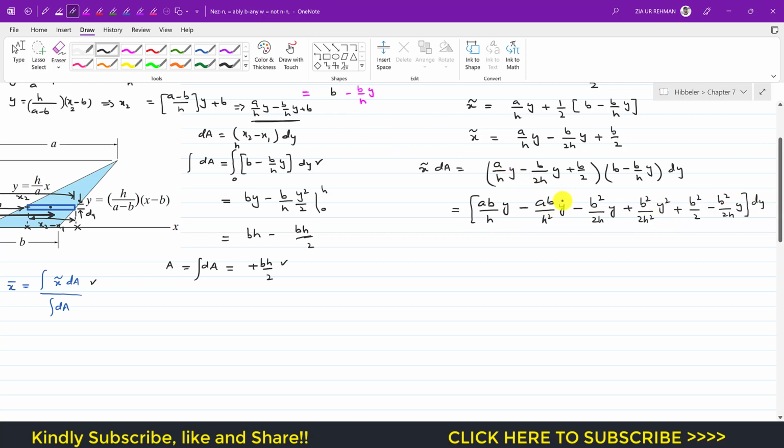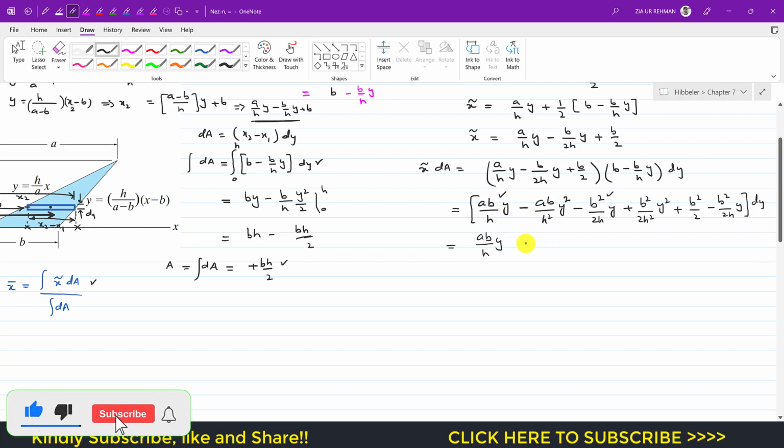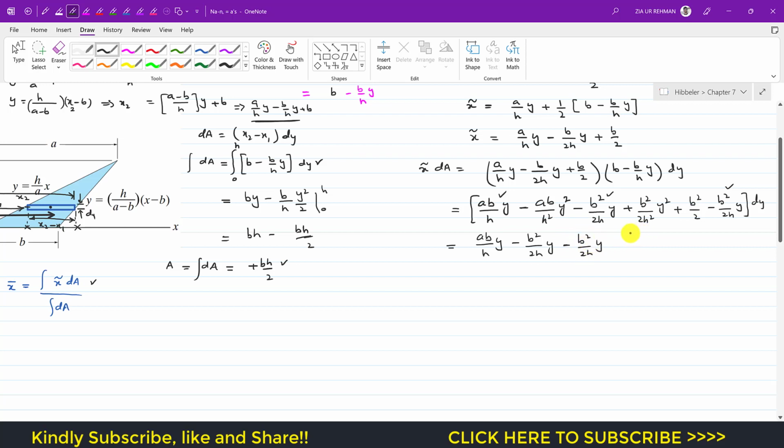This is the y square, right? If I multiply this with the second term, this is a into b divided by h square into y square. So now we need to combine the y square terms and the y terms. I will write this is a b divided by h y, this y term. Then this y term is minus b square divided by 2h into y, and then this term is also minus b square divided by 2h into y.